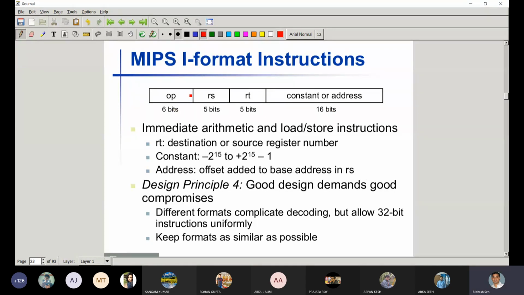Another instruction format I have is the immediate instruction format, which holds a constant, or you can say an address also. RT here is the destination or source register; it can be both. This is for immediate arithmetic and load/store instructions.